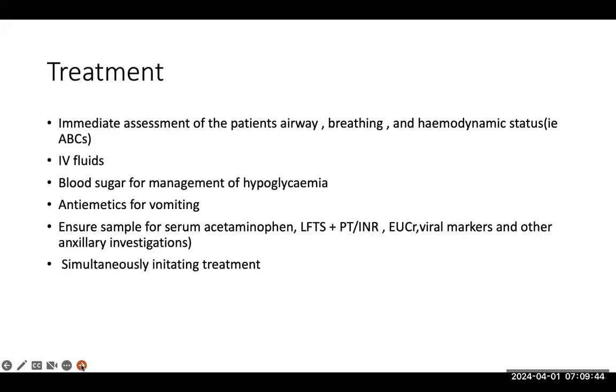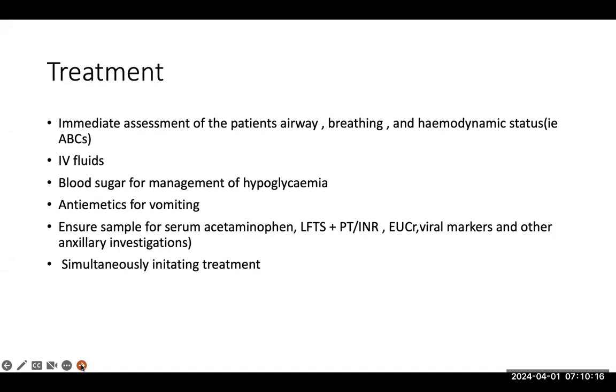So immediately at presentation, I would like to assess the patient's airway, breathing, hemodynamic stability, blood pressure, pulse, essentially the ABCs of management. I would give fluids, check blood sugar for management of hypoglycemia, give antiemetics if the patient is currently vomiting, and ensure samples for baseline investigations like a full blood count, electrolytes, urea and creatinine, and viral markers, especially hepatitis screening, because that will worsen the patient's prognosis.